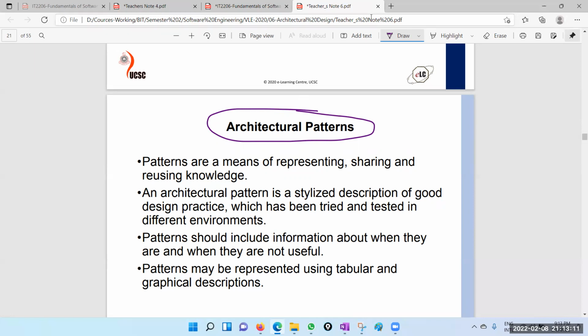Rather than explaining that architecture, we can say, okay, let's use MVC architecture. Let's use layered architecture. Let's use repository architecture. Otherwise, we have to explain it. It's time consuming and we are wasting our time. But if we have given names like labels, rather than explaining, we just say, let's use layered architecture.